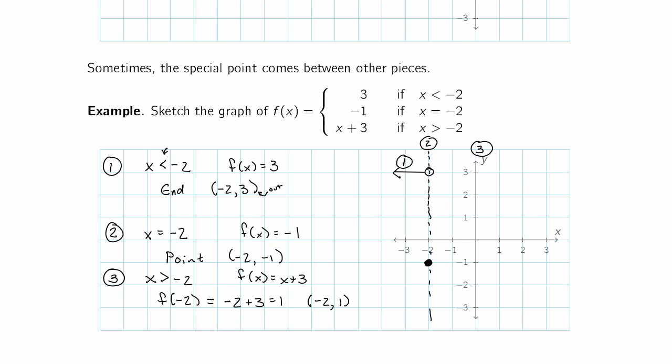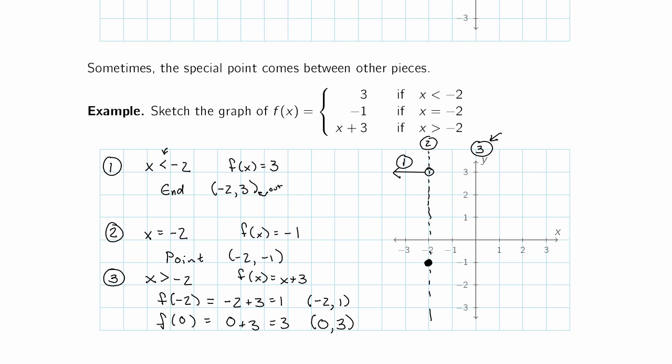And then we need some other point over in this third region. So some point where x really is greater than -2. I'm going to pick 0. I always like to do arithmetic with 0 if I possibly can. F of 0 is 0 plus 3, which is 3. So that'll give me the point 0, 3. Again, I could have picked any x value I liked. I picked that one because I like to do arithmetic with 0.